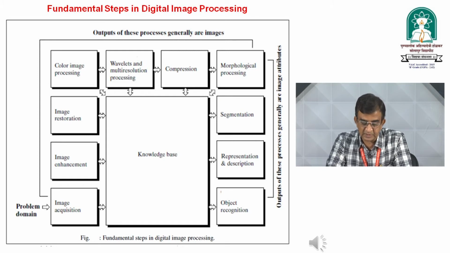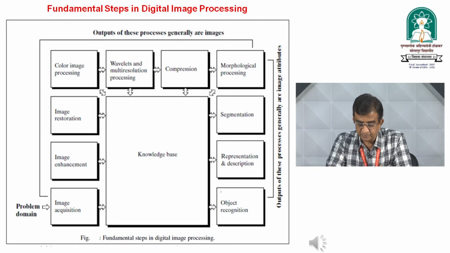The first decision that must be made is whether the data should be represented as a boundary or as a complete region. Boundary representation is appropriate when the focus is on external shape characteristics such as corners and inflections.